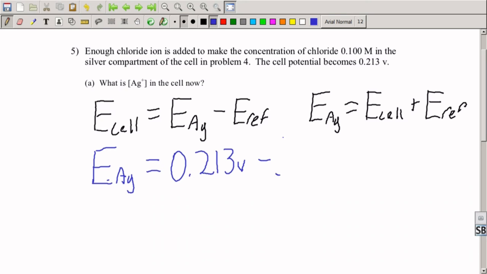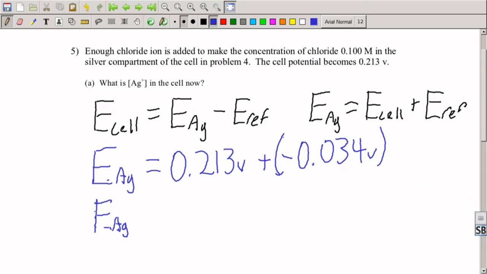My reference electrode has a potential, as we determined in the previous problem, of negative 0.034 volts. What do we get?